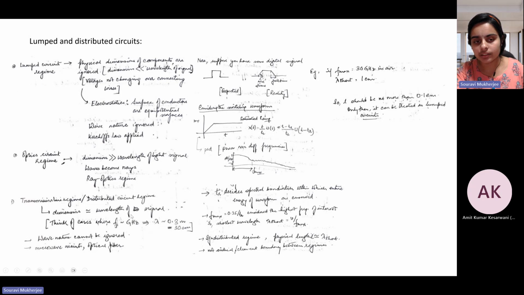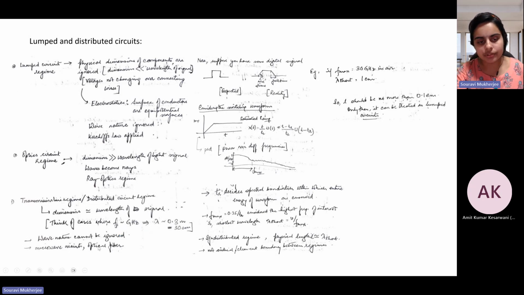Now if the connecting wires or the components that are there have dimensions in the range of this value, suppose some 10-15 centimeters, then their effects will come into the picture, right? We can no longer ignore the fact that the wires or these components have some characteristics of their own, and they'll impact the circuit behavior. So there, we cannot ignore the wave nature because now it's comparable to the wavelength.